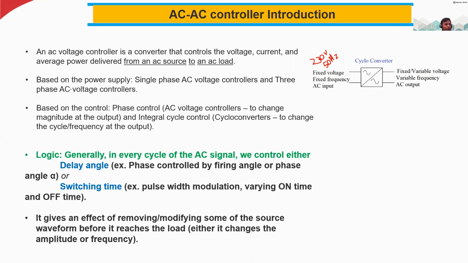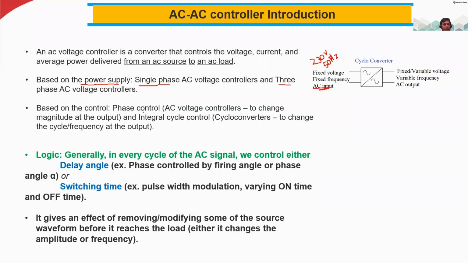Okay, so now based on the power supply, we can classify into two types: single phase AC voltage controllers and three phase AC voltage controllers. So there are two types based on the applied power source, this is the input voltage. And also based on the control, we can classify into two types. First one is called phase control.